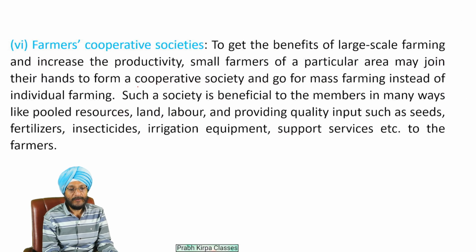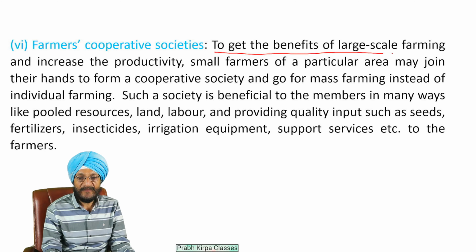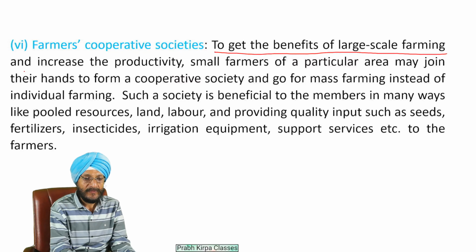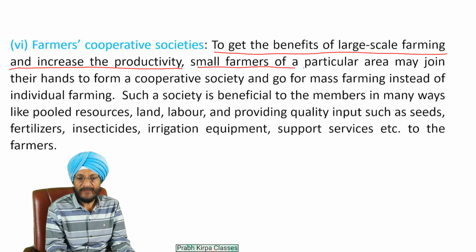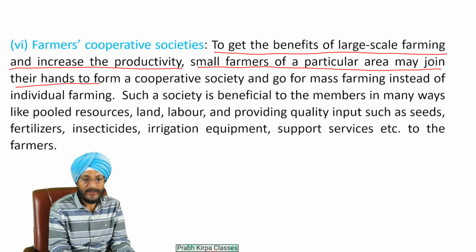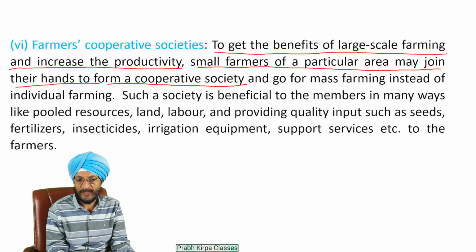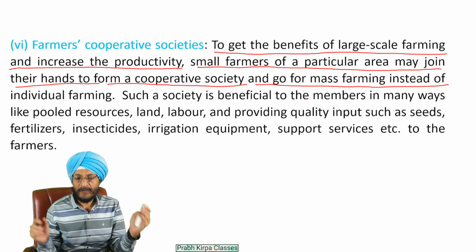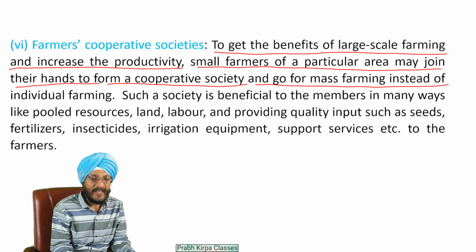Next type of cooperative society is the farmers cooperative society. To get the benefits of large scale farming and to increase productivity, small farmers of a particular area may join hands to form this type of cooperative society, and they go for mass farming. Mass farming means collective farming instead of individual farming.